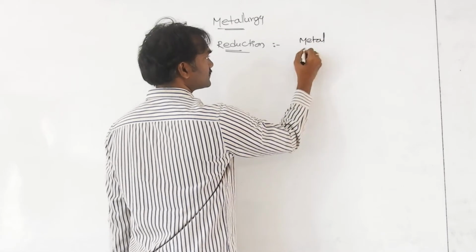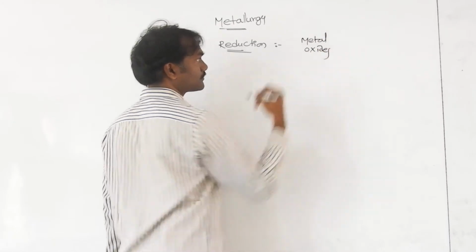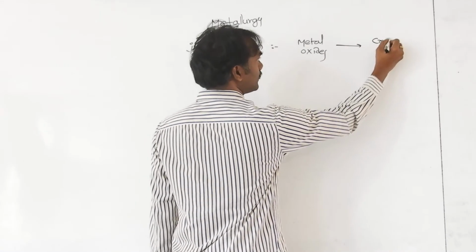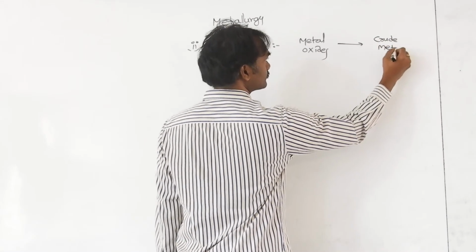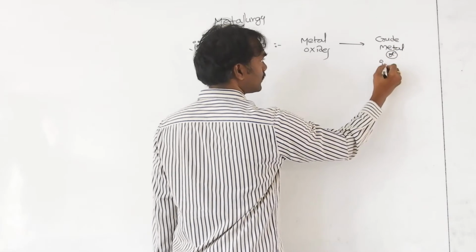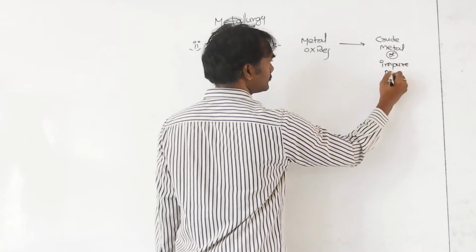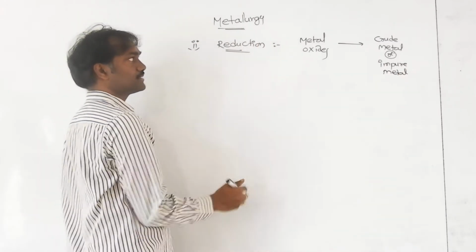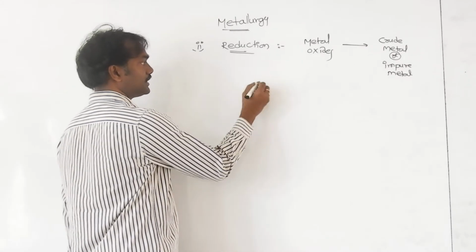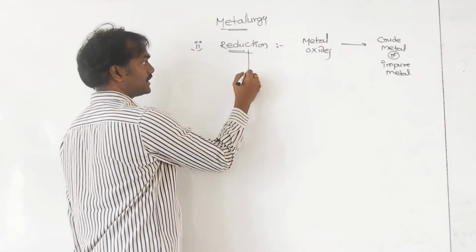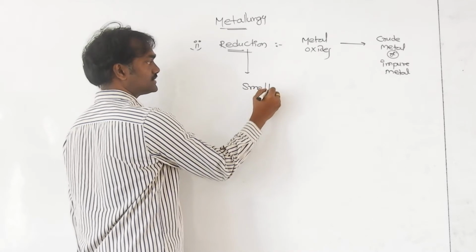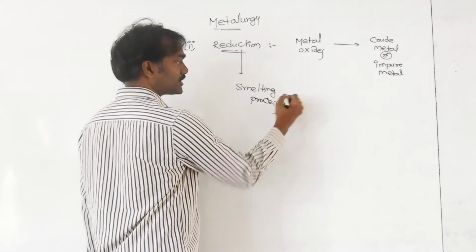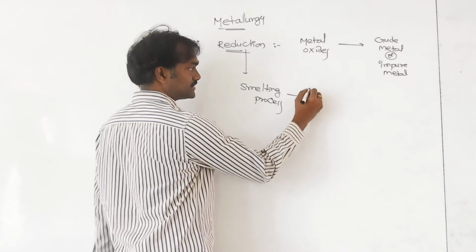Metal oxides become crude metal, otherwise impure metal. That is the main concept. Here, we also call it the smelting process. In the smelting process, what are the reducing agents?